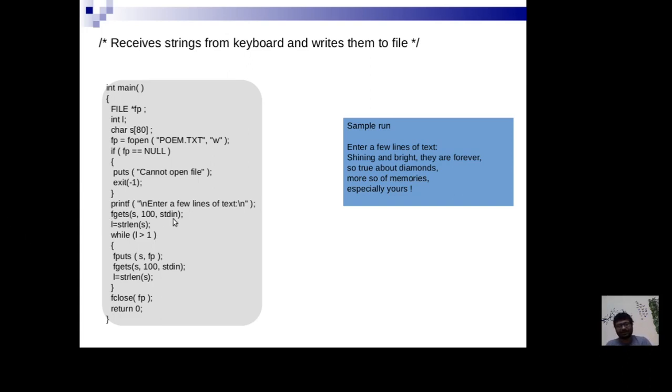Now, if the user does not enter any meaningful character, and just presses enter, then the resultant string will have a single character, which is a new line character. And in this program, whenever a user does not type in any meaningful character and just presses enter, we will stop asking the user for more inputs and exit the program.